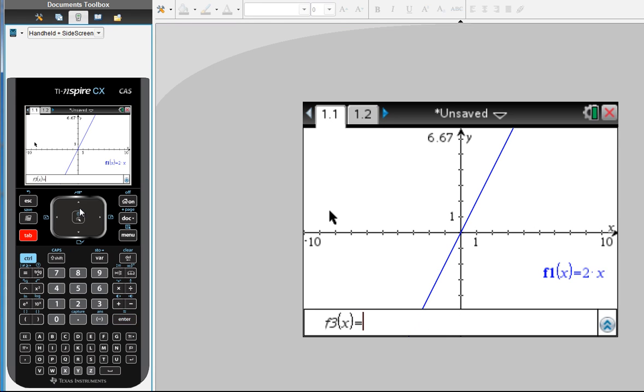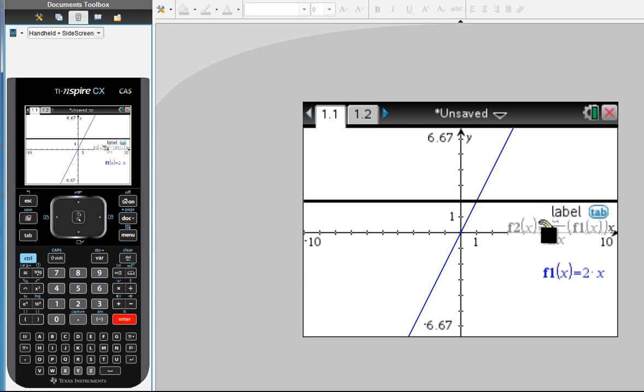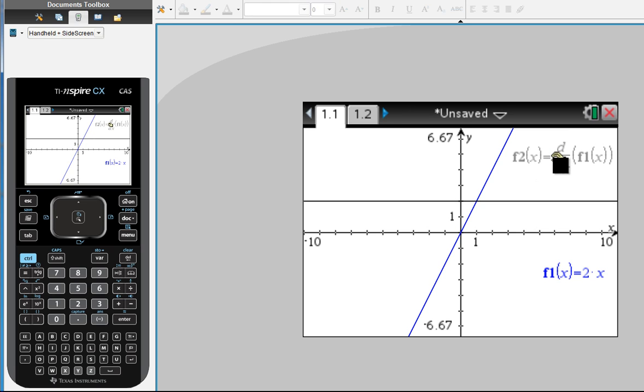Now tab, go up, the derivative of f1, and here we go. So we see the function, and here's the graph of its derivative. And the derivative is going to be 2 always, because it doesn't matter where we are in the curve, it's increasing at the same pace, so it's always going to be 2. Okay, the slope of the tangent in any point is going to be 2. Therefore, the derivative is always 2 for every x value.